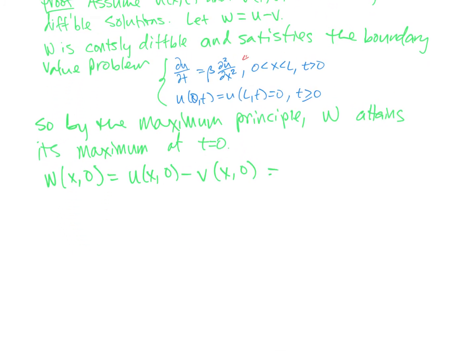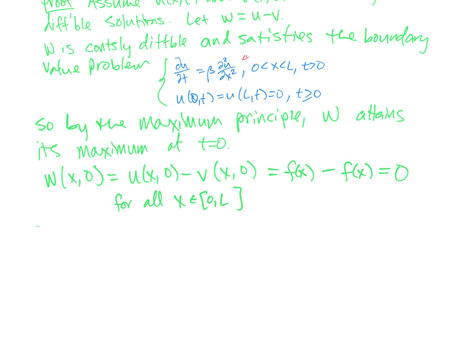So we can write f of x minus f of x equals 0. And that's for all x between 0 and L. So the function w starts off when t equals 0, all the values on the wire are 0.